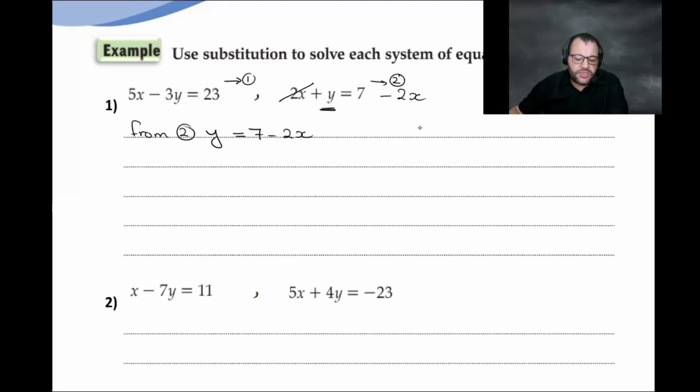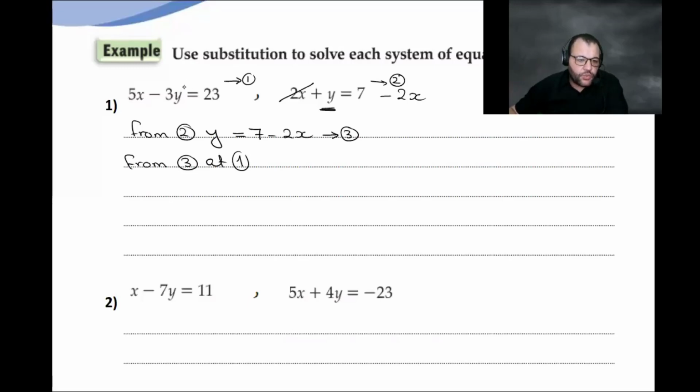Any problem for this step? Okay. So this will be equation number 3. From equation number 3, which equation did we not use? Equation number 1. We use the new equation in the equation that we didn't use.